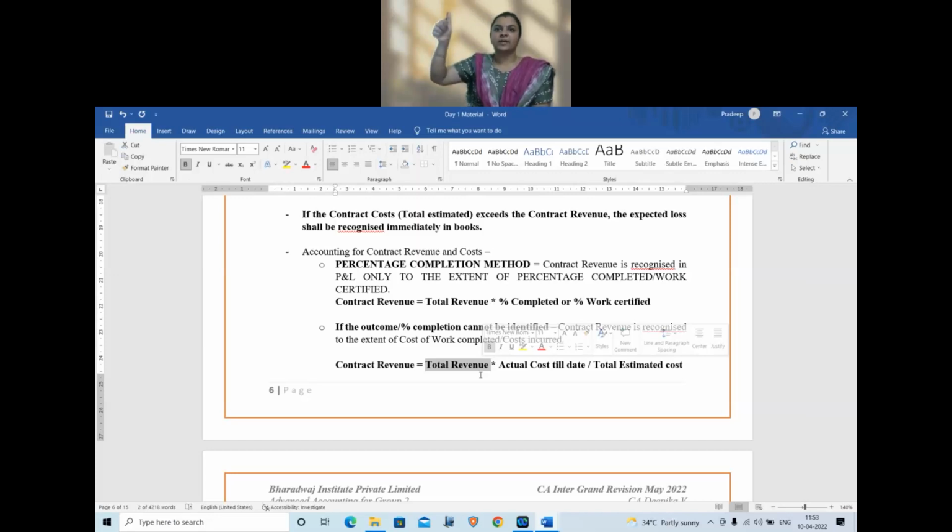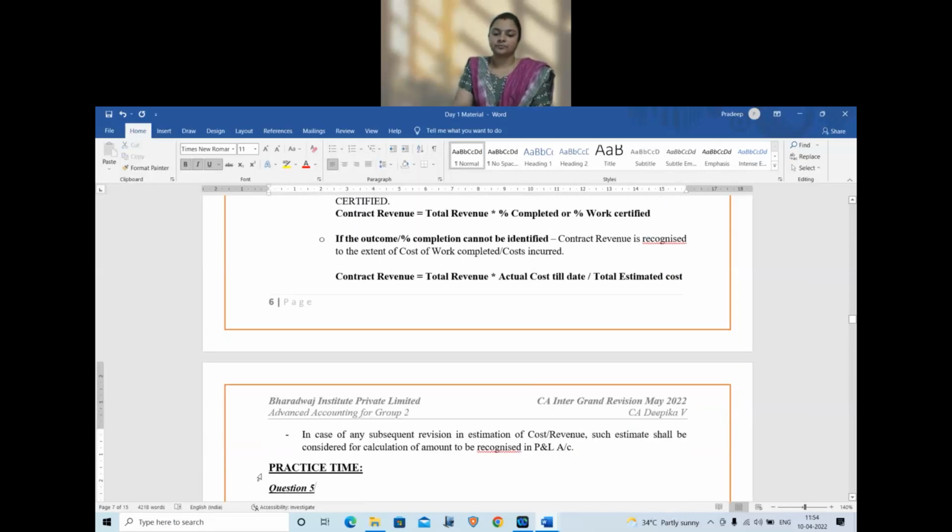Percentage completion, else actual cost to total estimated cost, or if total cost exceeds total revenue, the entire value is to be taken as expected loss. Okay. So these are the 3 basic points of the standard. In case of any subsequent revision in the estimation of cost or revenue, such estimation shall be considered for calculation of the amount to be recognized in the P&L account.